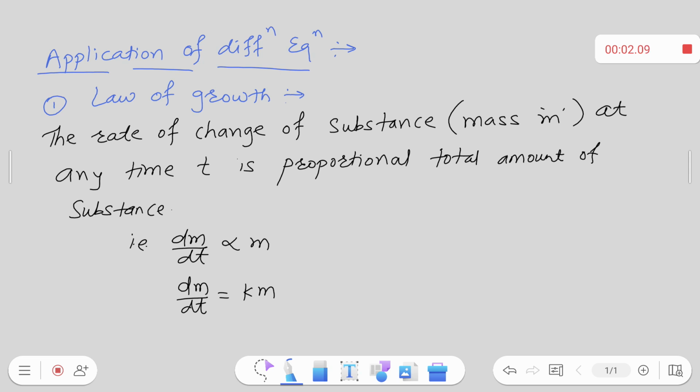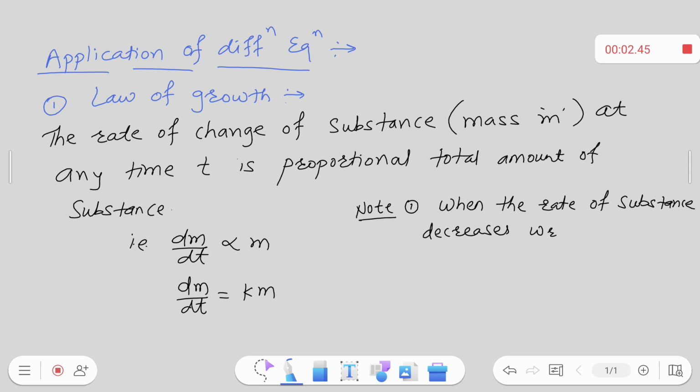As a note, you just write: when the substance decreases or decomposes, you may assume anything, decreases or decomposes with respect to t, then dm by dt is equal to minus k times m.